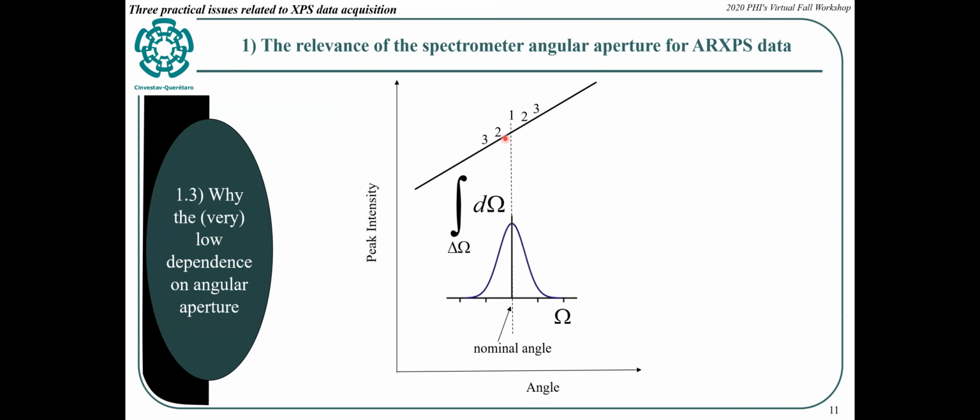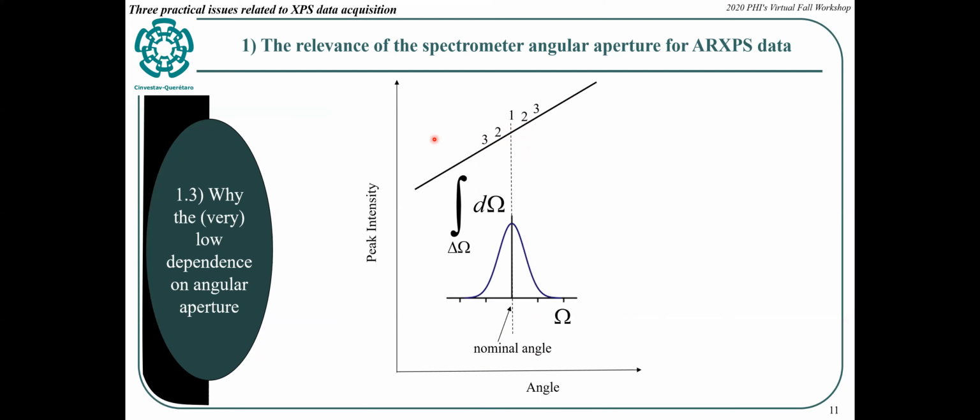Suppose this is the nominal angle that you are at, and you get the peak intensity of this value. But now assume that you open the angular aperture to include counts for this angle and for this angle.